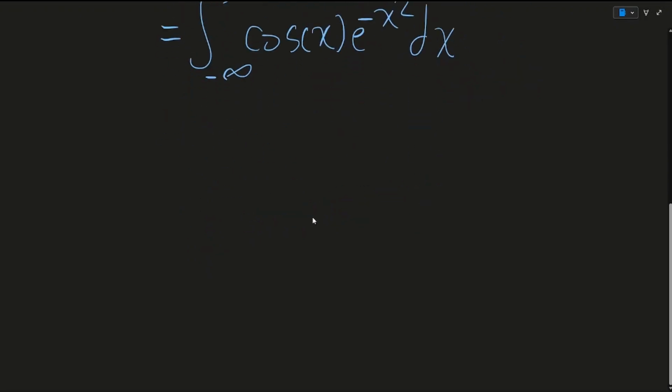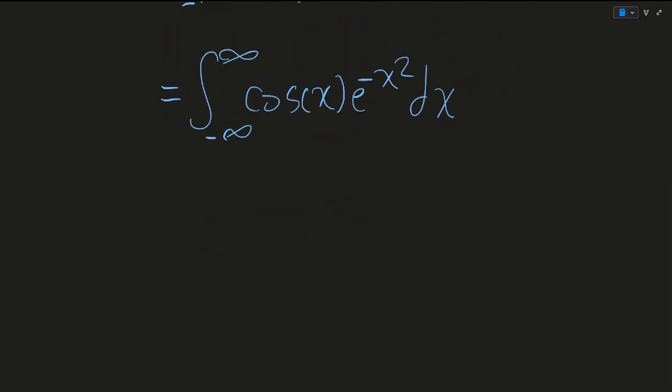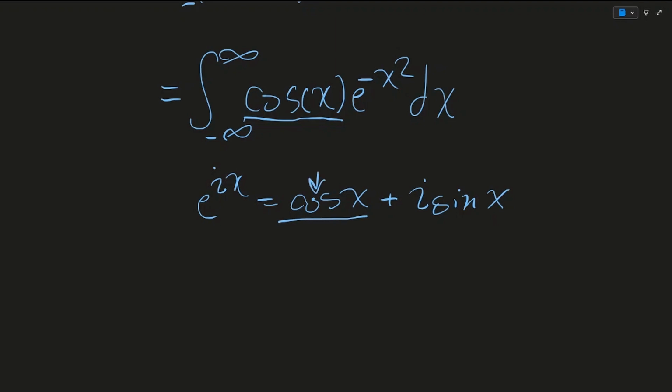But first, we need to notice that this cosine of x is famously a part of Euler's formula: e to the ix is equal to cosine of x plus i sine of x. In fact, since this is in complex number form, we can say that cosine of x is the real part of this formula.